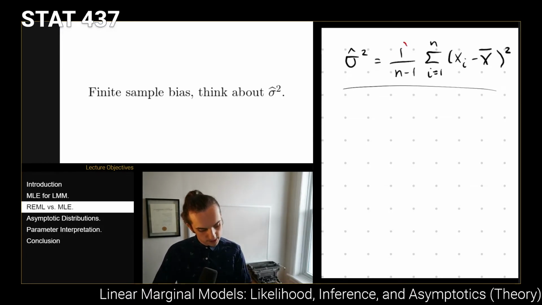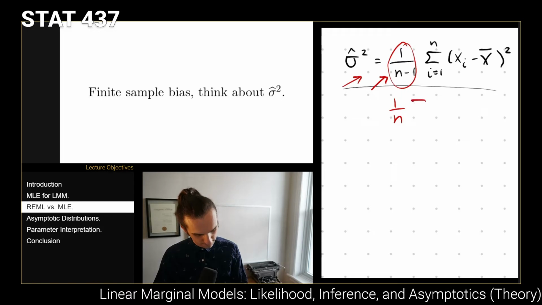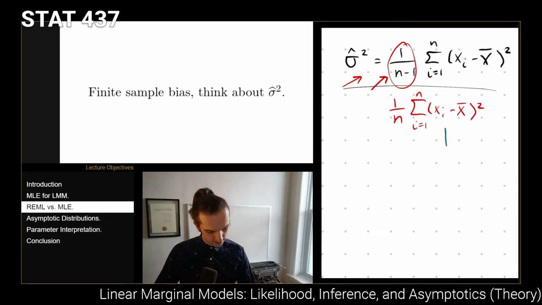And the reason that we use this 1 over n minus 1 term instead of 1 over n is because this 1 over n minus 1 removes bias in a finite sample, right? So this estimator up here is unbiased. If we had used 1 over n times the sum from i equals 1 to n of x_i minus x bar squared, this estimator right here is biased in finite samples, right?